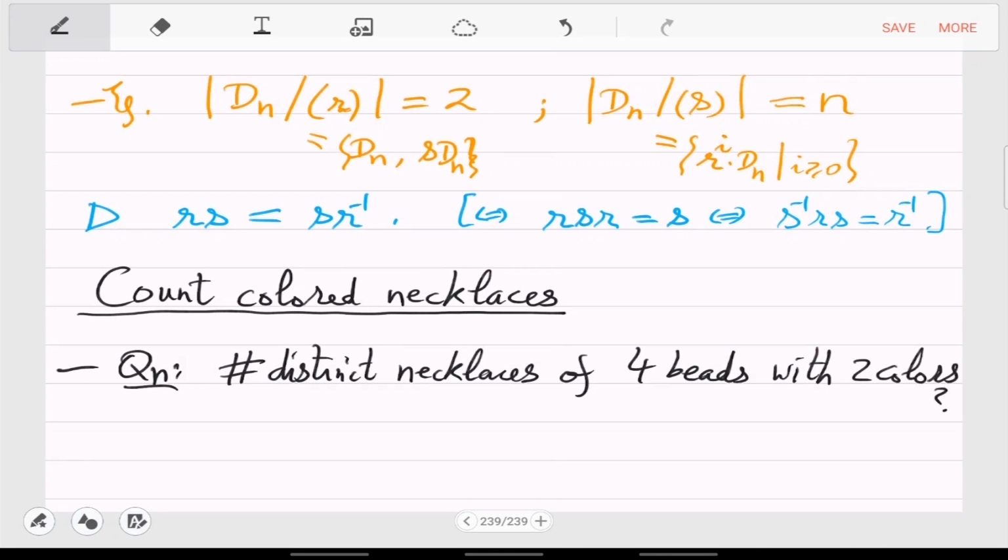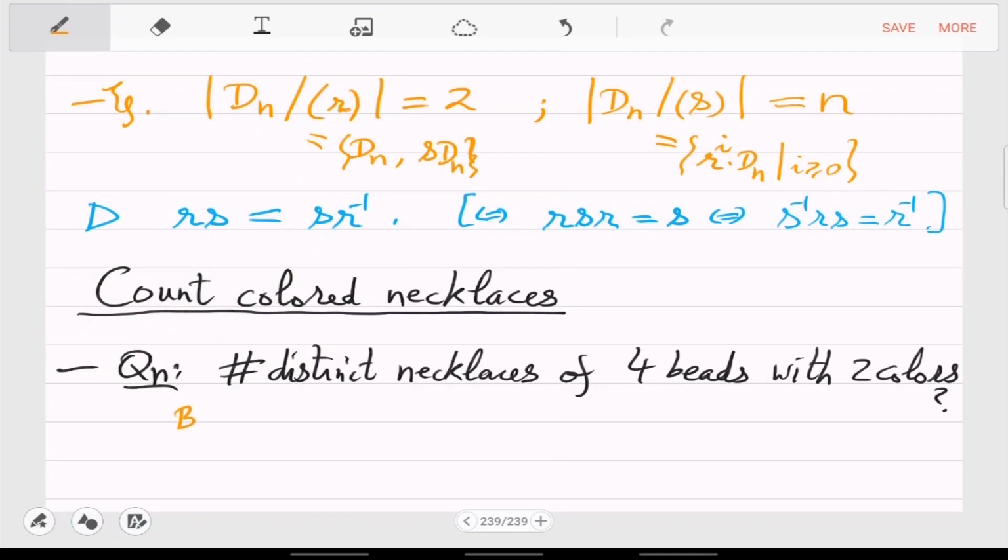That's the basic question we are interested in, with the following understanding that suppose, so 4 beads means that it's basically a four-gon, a rectangle or a square. So let's color them black and white.